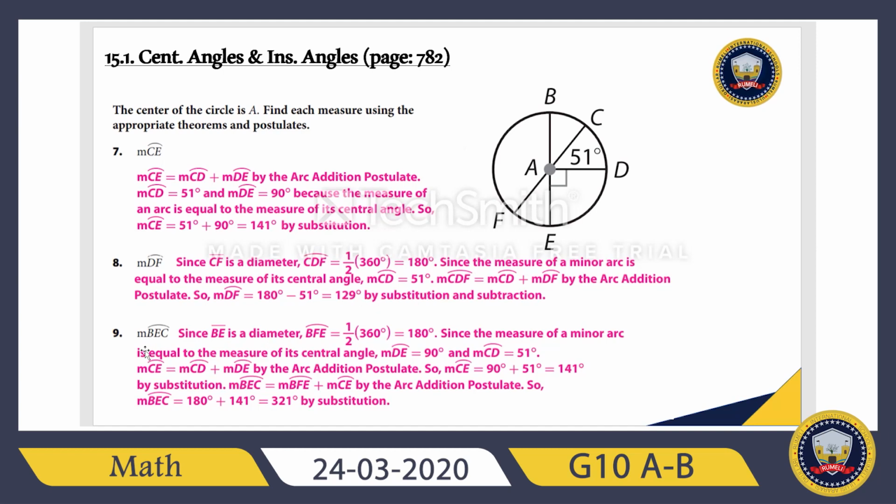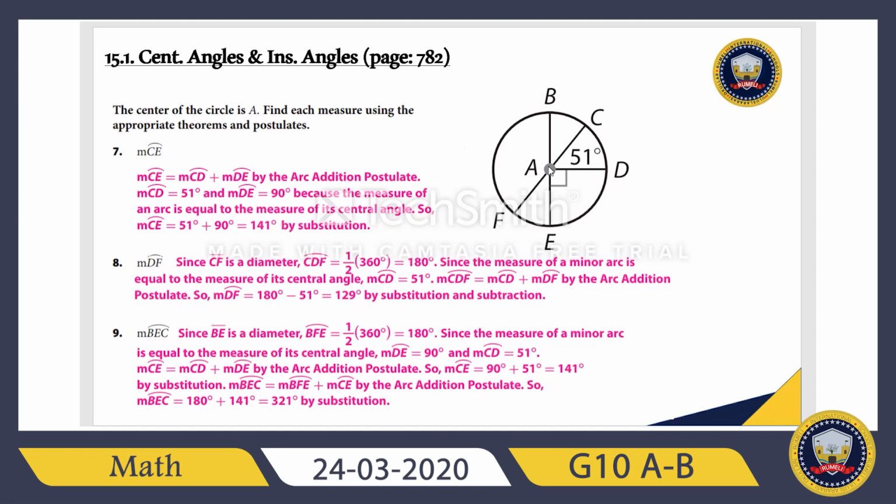Finally, I'm looking for the measure of the arc BEC. What is it? The angle BAE is a straight angle. That means it measures 180 degrees. Now this angle 180 plus 90 plus 51 gives me this total angle here. Alright, what is it?